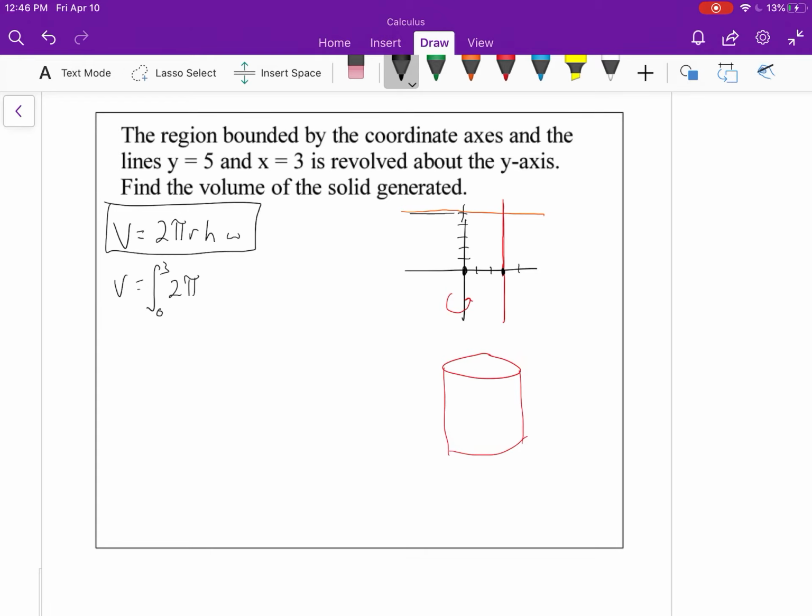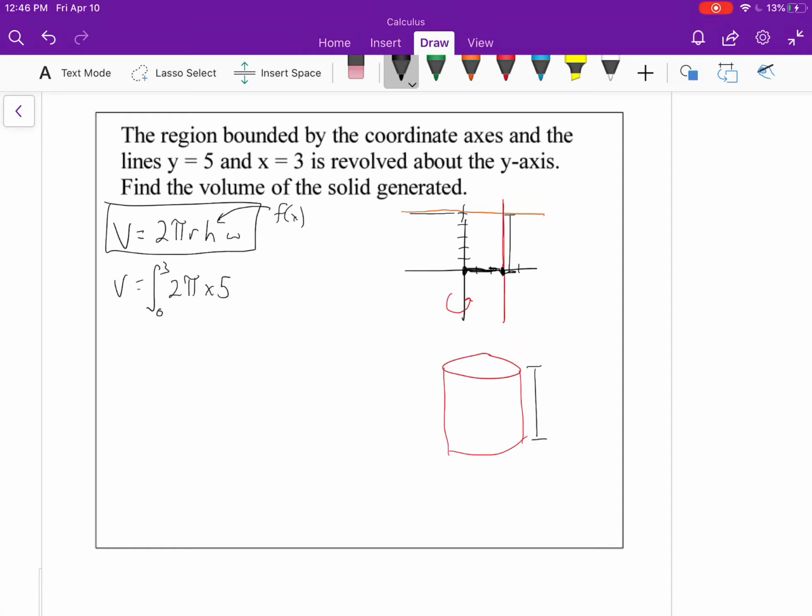2 pi r is just the x value. So that's the x value, so 2 pi x. The height of this, the height in this case always stays the same. So the height is the function. So this is the f of x, which is just y equals 5, so 5.